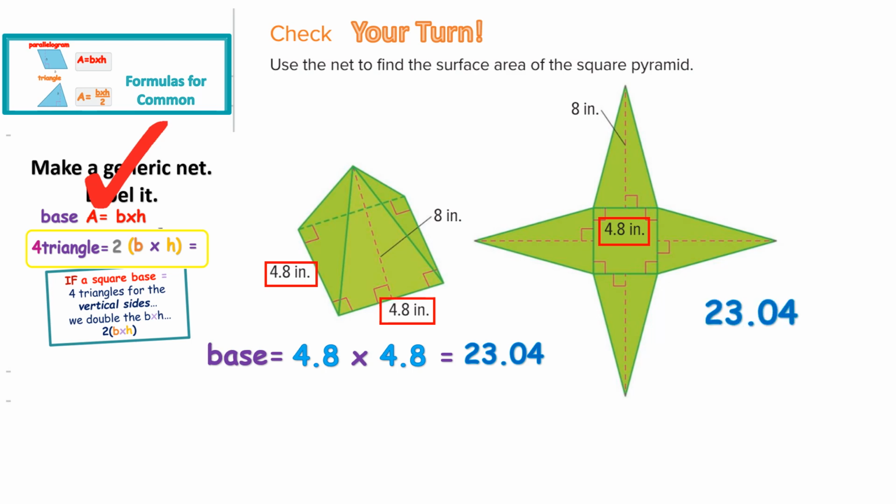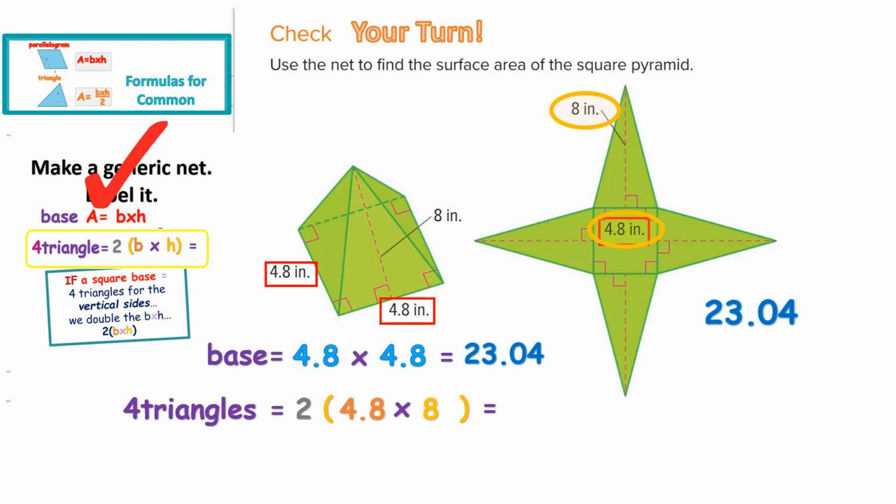Then when you looked at your height, your triangle, your vertical sides, then you set it up. We know once again the area of every triangle is half. So therefore, if I have 4 of them, 4 halves make 2 wholes. So we're going to take 2 times our base times height for our vertical sides, which are triangles. And if the base and side measurement of the square is 4.8, then the base measurement for that triangle has to be 4.8 as well.